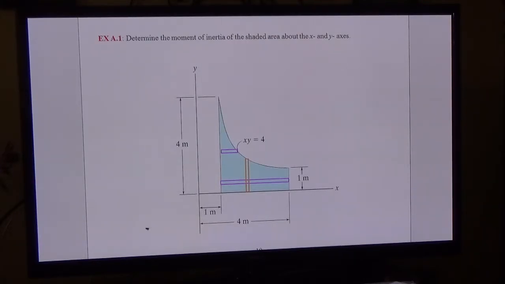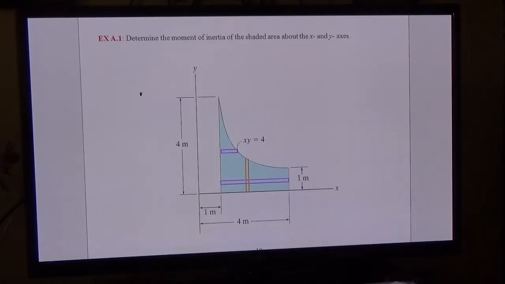Now that we've looked at a couple of examples, I think it seems that the moments of inertia integration technique is actually easier than the centroid integration technique. Right, because we just have one integral instead of 2. But as we'll see in a second, remember for centroid, the composite area technique was very straightforward and simple.